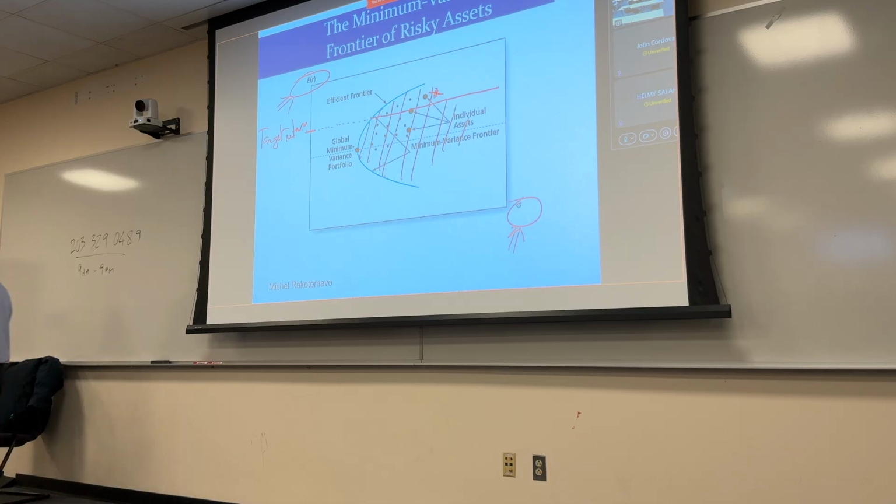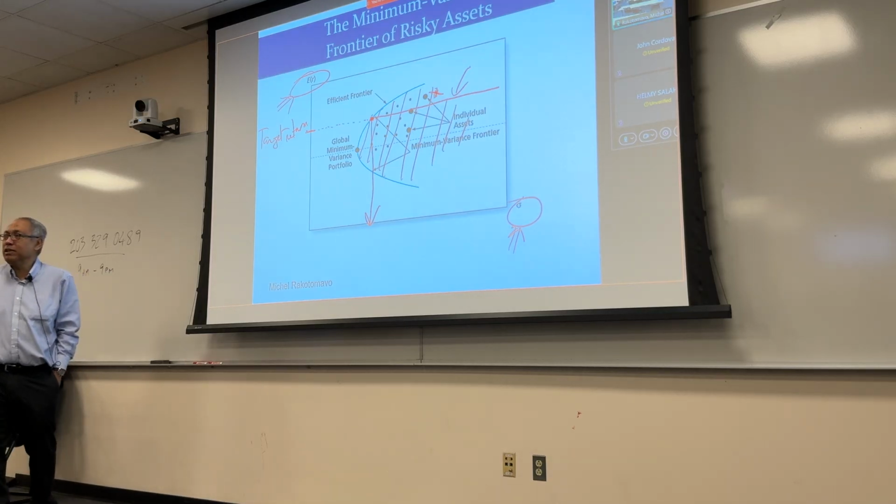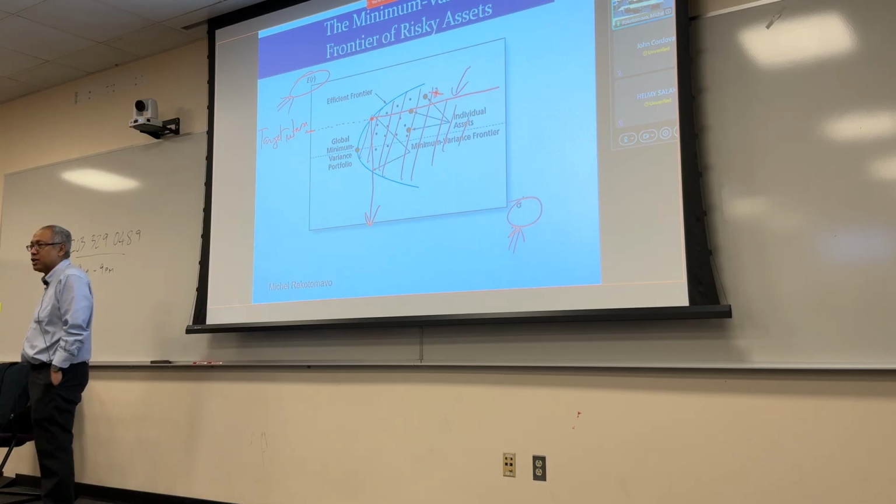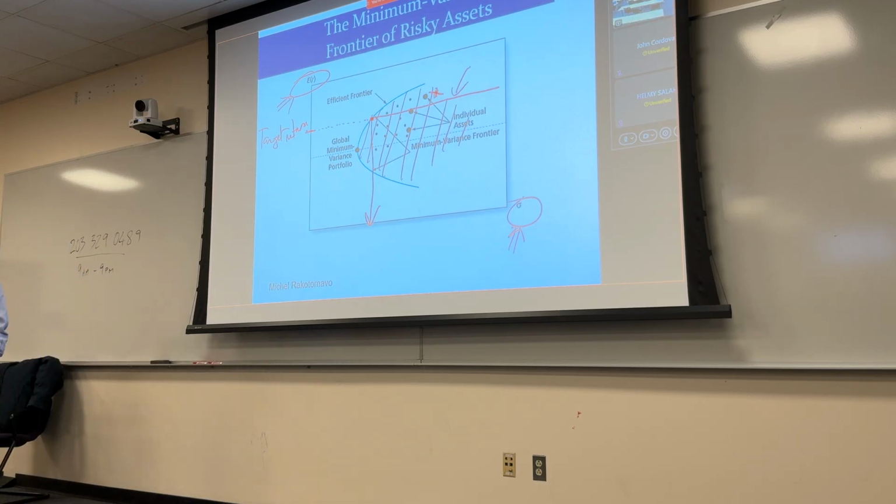So out of all of these portfolios, the best one is this one. Why? Because it's got the same return as everyone else on the line, and it's got the lowest possible risk. That's the whole idea of mean variance optimization.